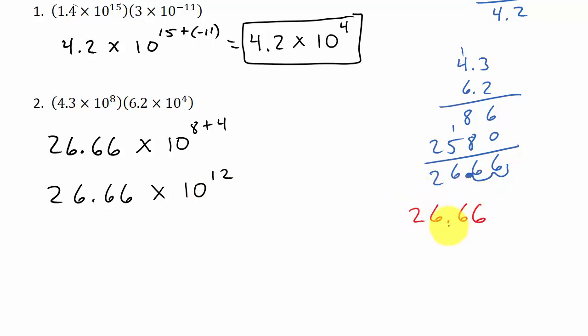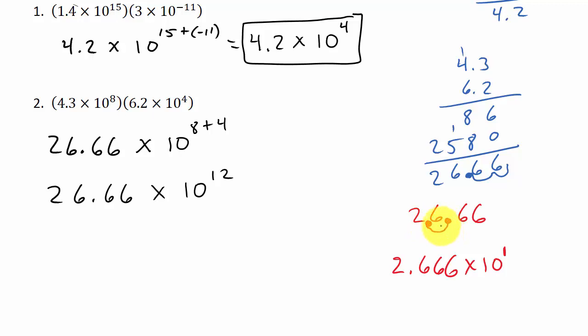Okay, now let's just do it over here. To do that, we would need to move the decimal one place to the left. So that would be 2.666 times 10, and since we moved it to the left, the exponent would be positive. We moved it one place to the left, so it would be positive 1.